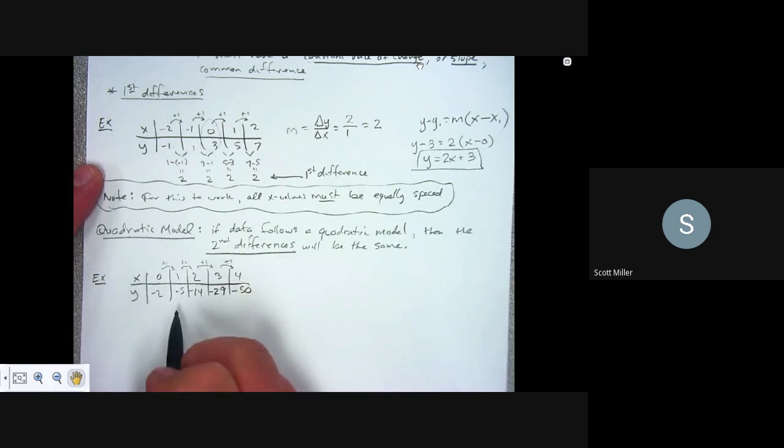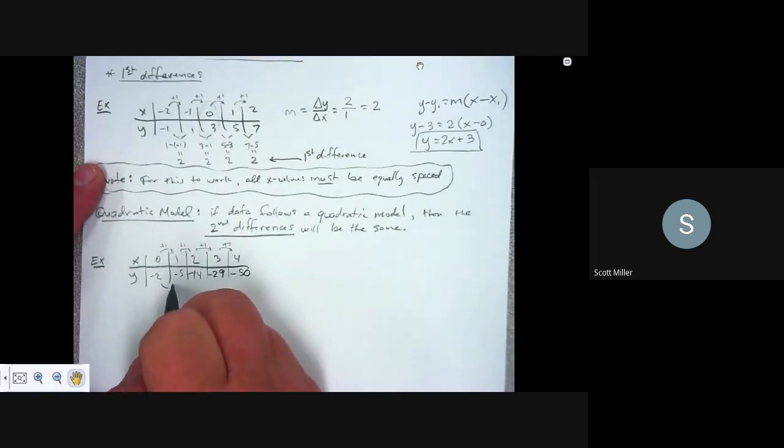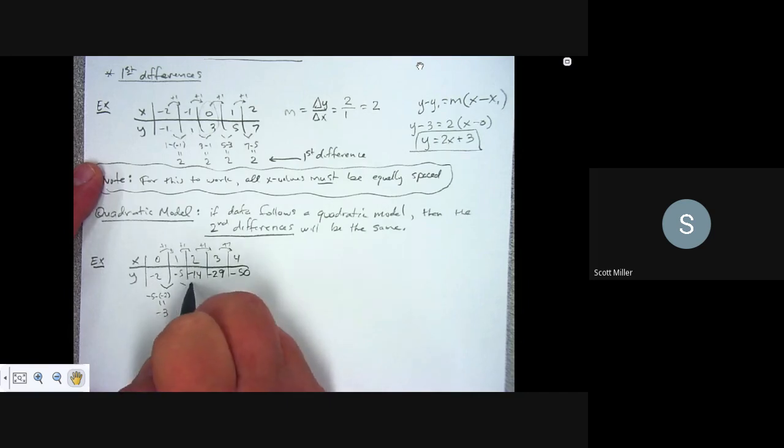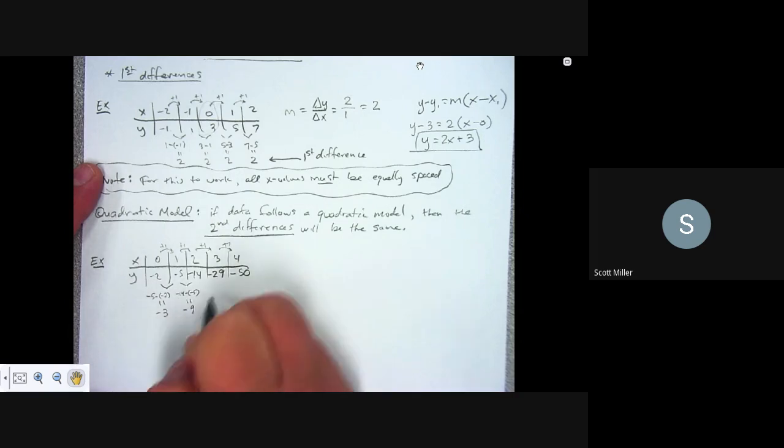And then we do the first difference. If I subtract these two numbers, -5 minus -2, I get -3. If I subtract those, -14 minus -5, I get -9.